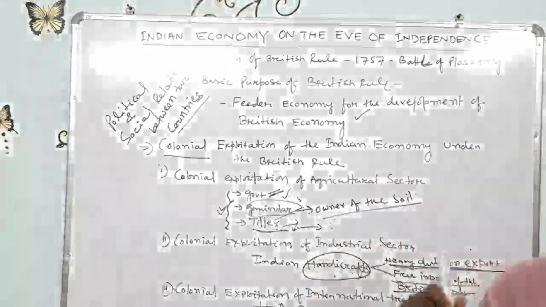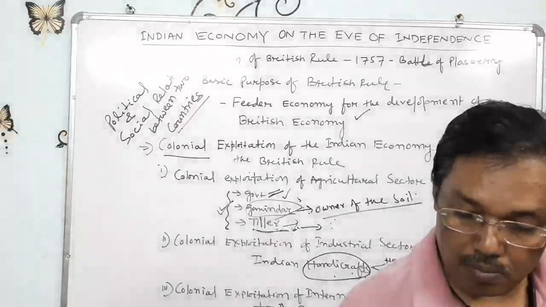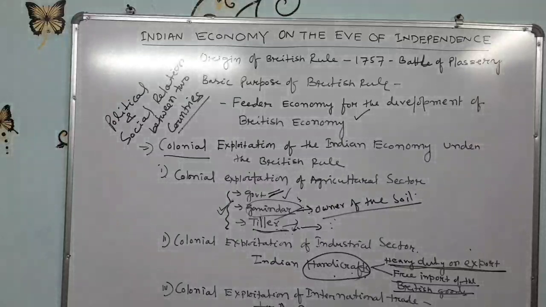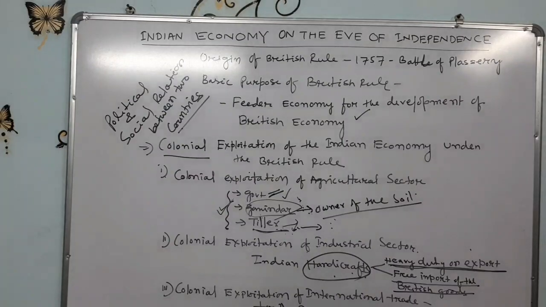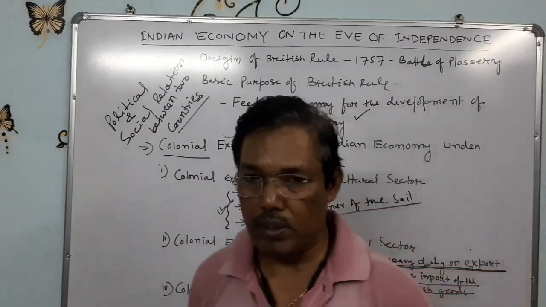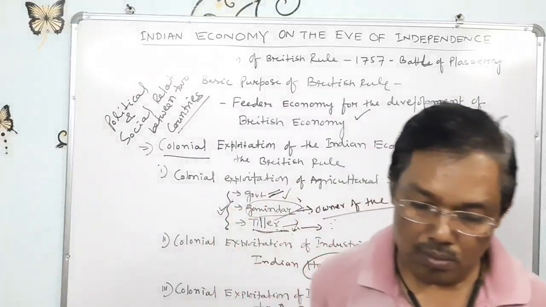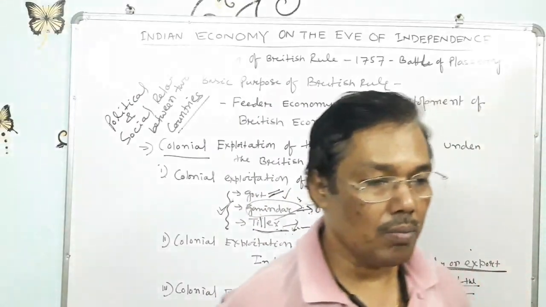Whenever this system was started by the Britishers, we were exploited in such a way that there was a low level of national income and per capita income. So our national income decreased, our per capita income decreased.